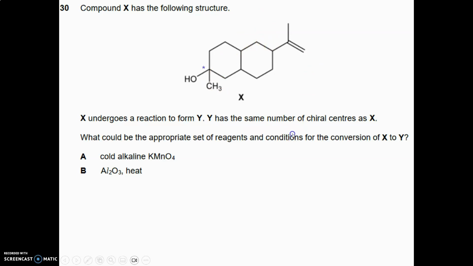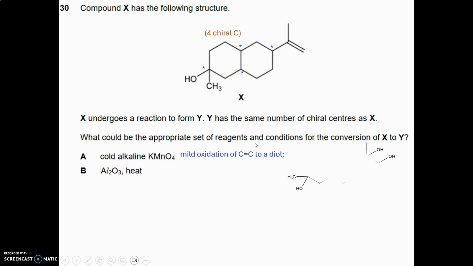In X, there are 4 chiral centers indicated here, which means that after reacting X with the appropriate reagents and conditions, we should still have 4 chiral centers. So first one, when we react X with cold alkaline KMnO4, we are oxidizing the carbon-carbon double bond into a diol.